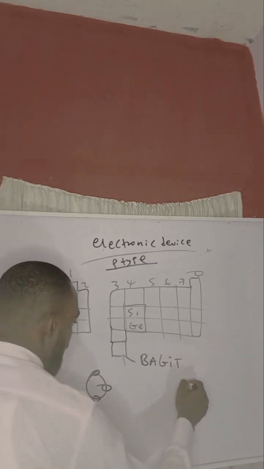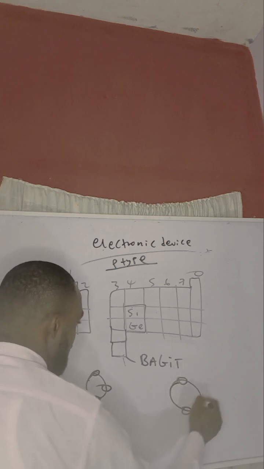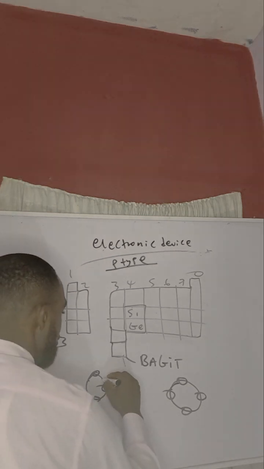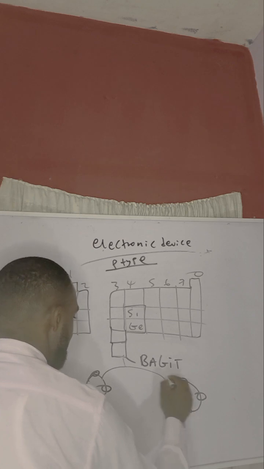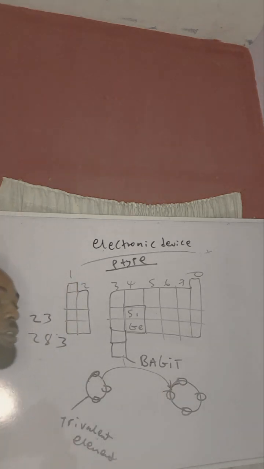Then here is my semiconductor, which has how many electrons in the atomic shell? 4. So what will happen here is that I'm going to add these electrons to the semiconductor.